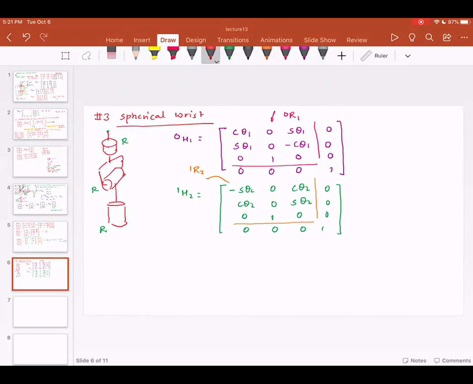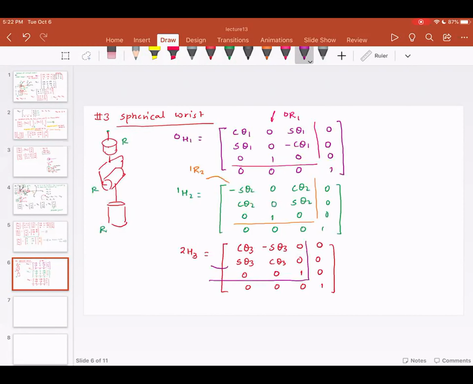And I also derived 2H3, and this 2H3 is cosine theta 3, minus sine theta 3, 0, 0, sine theta 3, cosine theta 3, 0, 0, 0, 0, 1, 0, 0, 0, 0, 1. And this guy is 2R3.